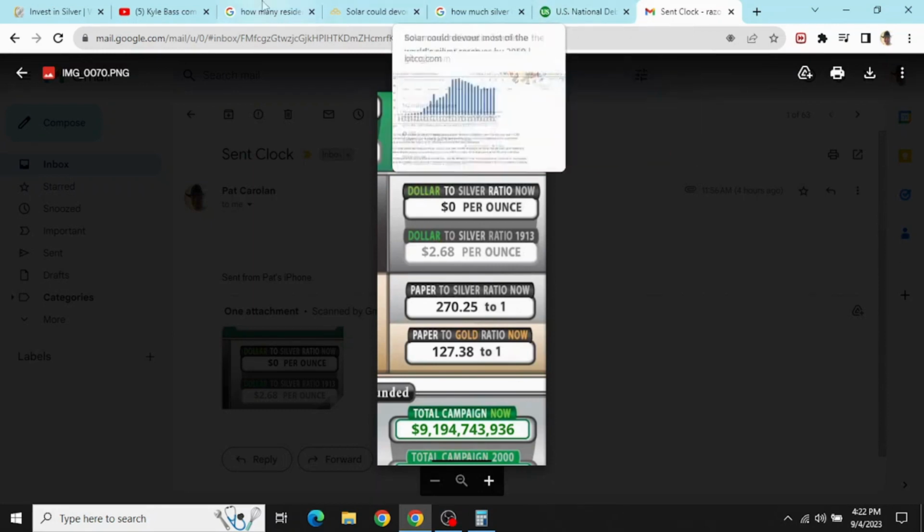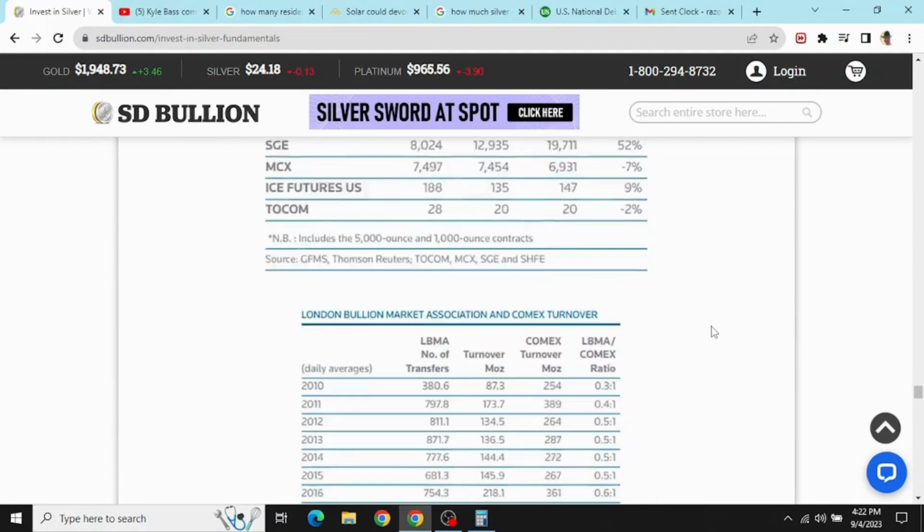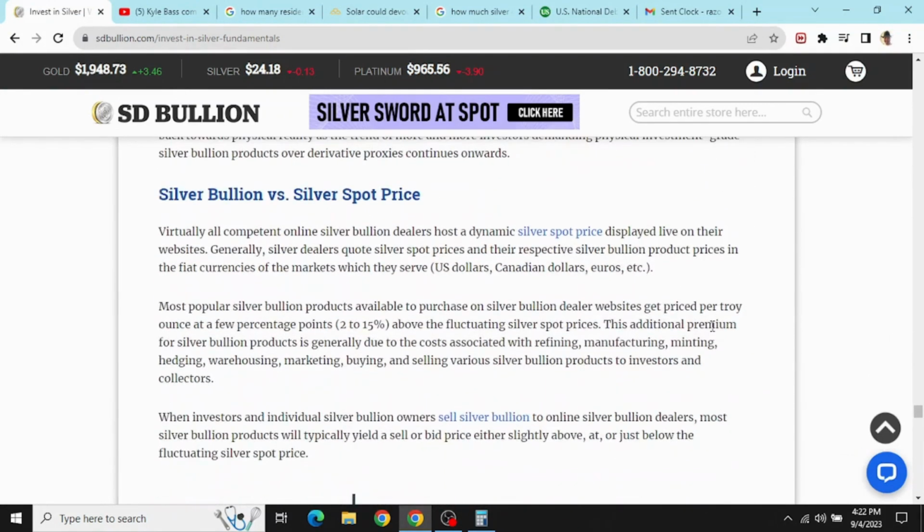So back to our article here, these futures exchanges don't make any sense to me. They're absolutely crazy. If we keep on scrolling down, we'll see the silver bullion versus the silver spot prices.